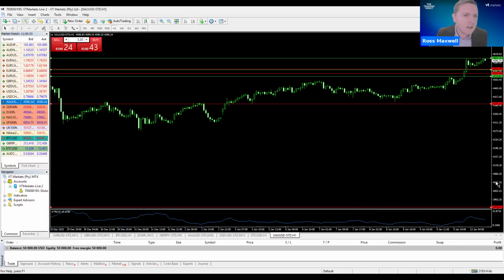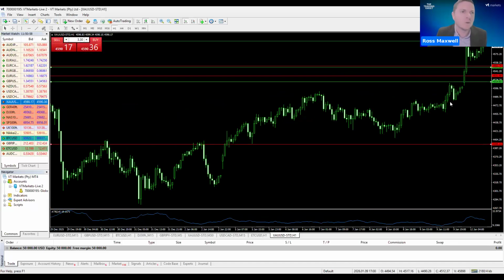As we move down the time frames, you've got to understand that the volatility decreases, and therefore you have to adjust your stops and your targets accordingly. Your risk should still remain the same, whatever your overall risk per trade is. Generally speaking, people use 1% as a rule of thumb.